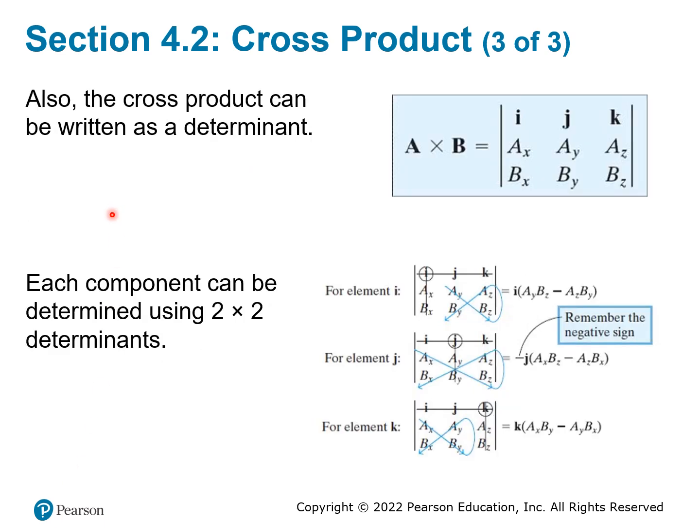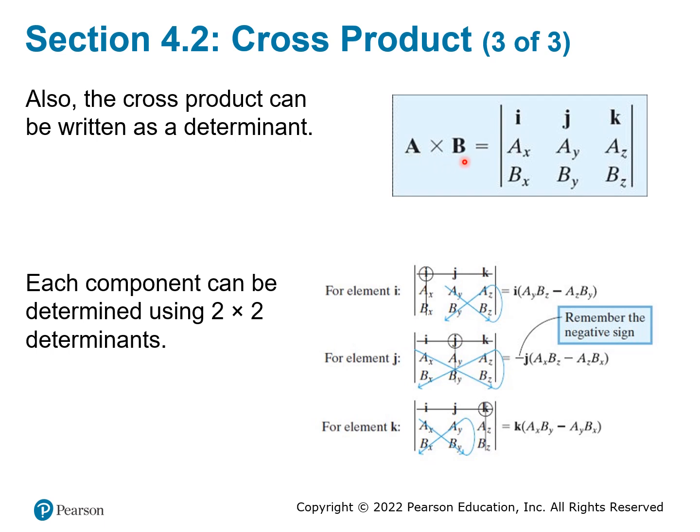So how do you do the cross product if you actually have two vectors? Let's say we have a vector A. A has three dimensions: the x component, y component, and z component. Similarly, B also has x, y, and z components. To do a cross product, you make a determinant and put i, j, k, which represent the direction of each axis. Then you write the A components and write the B components. The order matters.